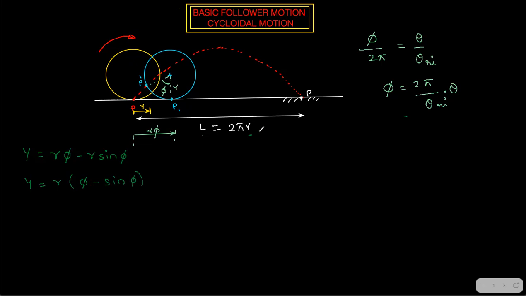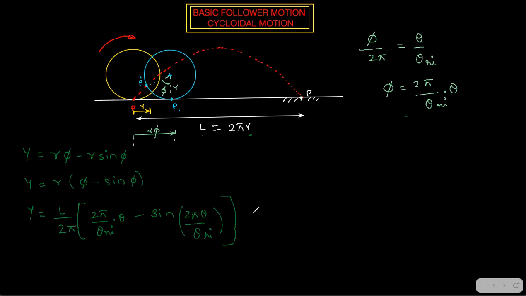L by 2 pi is R. So y is equal to L by 2 pi, which is R, multiplied by phi, where phi is 2 pi by theta ri into theta, minus sine of 2 pi into theta by theta ri. Yes, so this is the final equation.